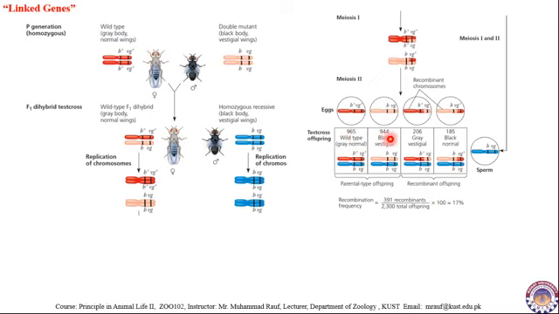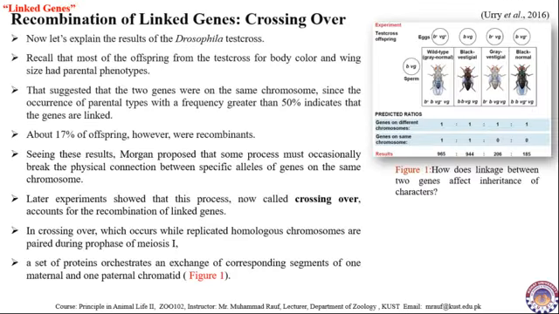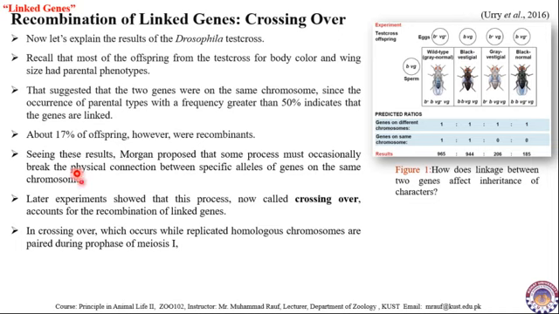You will sum up all the offspring, and then you will divide the recombinants over that number, multiply by 100, so you will get 17%. So this 17% is calculated, and the recombination frequency is 17%.